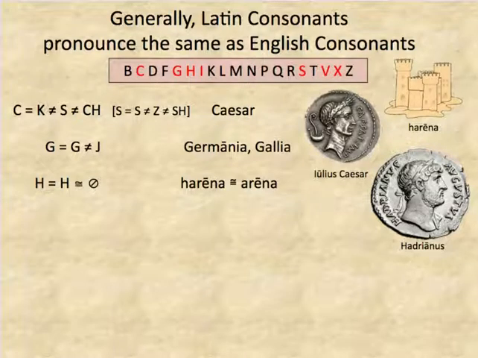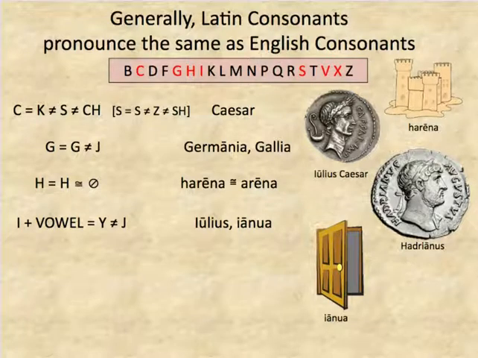Next letter is actually a vowel, the vowel I. Again, that's this one right here, pronounced I. Sometimes that's a vowel, but in certain situations, it could become a consonant. The rule for that is if you see the letter I before another vowel, it makes the Y sound.